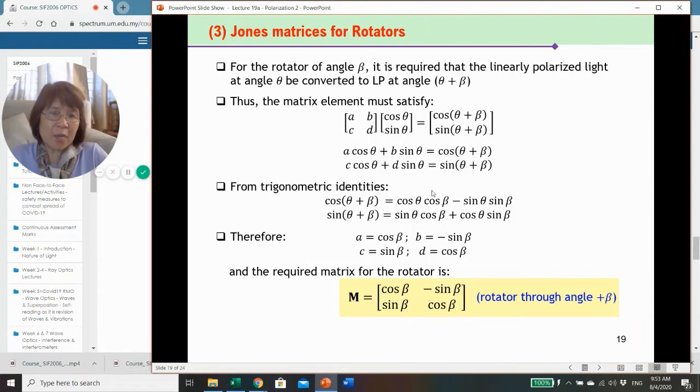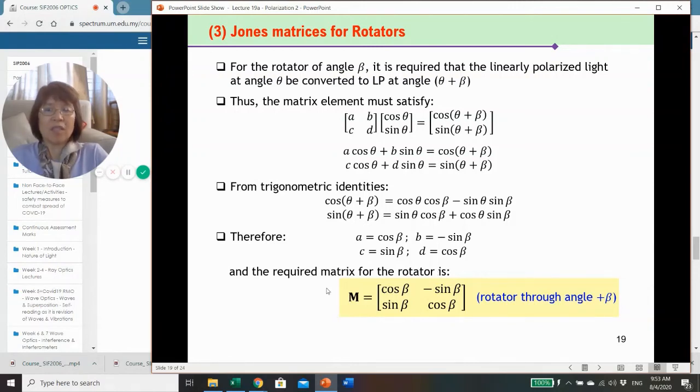you'll find that A equals cos beta, and B equals negative sine beta. C would then be equal to sine beta, and D would then be equal to cos beta.